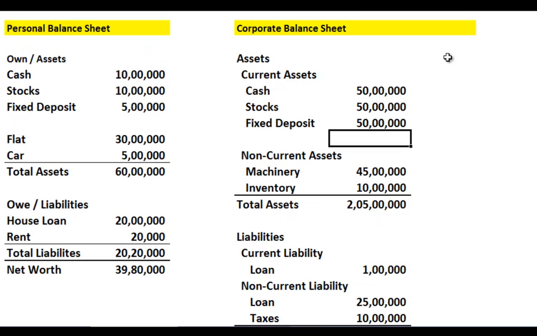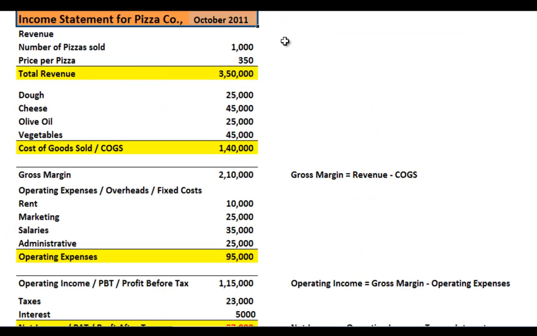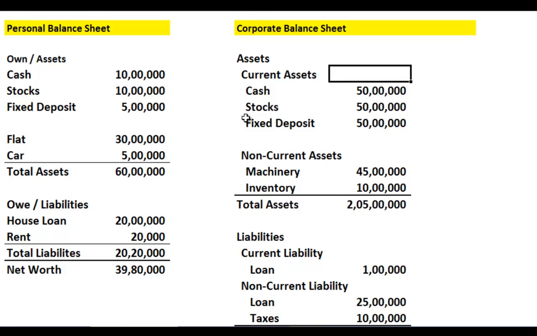One other thing you should know here is you remember how we said an income statement is always for a period of time. It's for a month, in this case October 2011, or it's for a year or for a day. A balance sheet is never for a period of time. A balance sheet is the status of a company on a specific date.